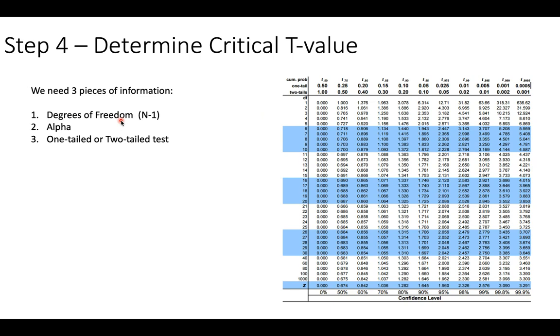We had this in chi-square. That's just n minus 1, n being the number of participants in our sample. We need alpha, which, if you go back to the beginning of this problem, we defined as 0.05. And then we need this new decision. We haven't encountered this before. This is brand new with t-tests. We need to decide, is this a one-tailed or a two-tailed test?